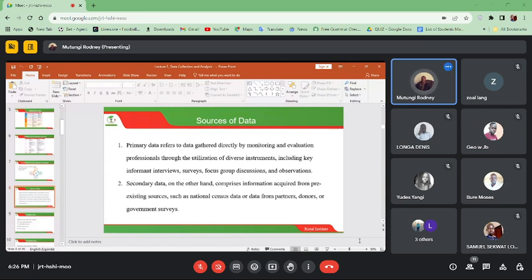But also you can use secondary data. This is data that is already there, okay? So you can go to reports, either on the internet, or you can use government surveys.